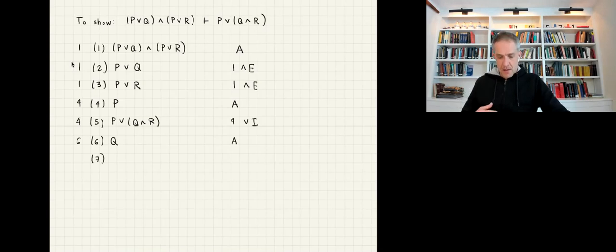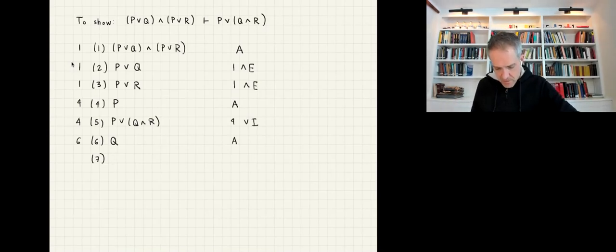Now the conclusion doesn't, of course, follow from just Q. You can't get P or Q and R from just Q, because obviously P doesn't follow from just Q, nor does Q and R. So we now need to draw upon the second disjunction. We're going to look at both sides of the second disjunction, which is P or R.